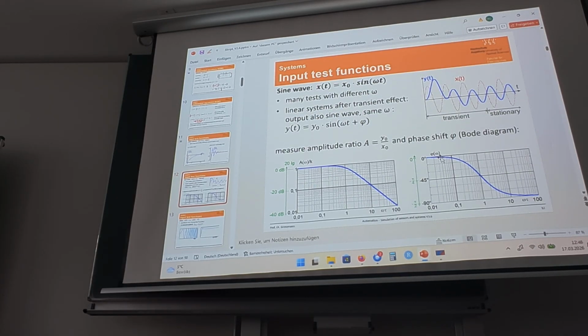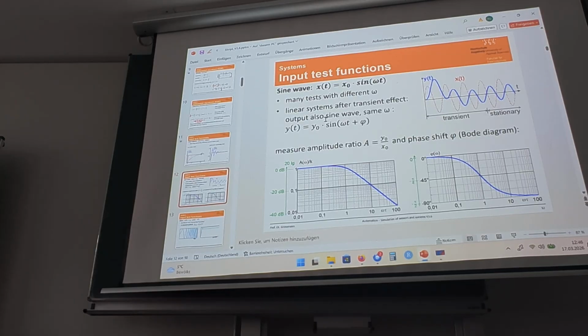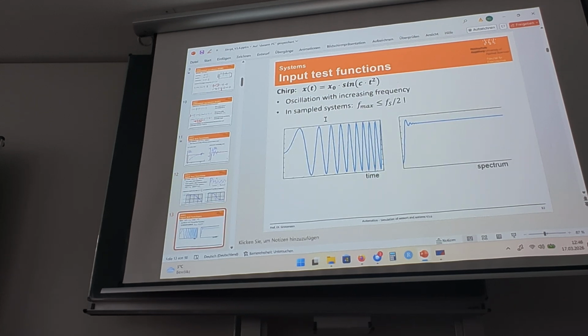By the way, it might take a long time to measure all these because, for example, in this case we have more than 200 individual measurements to build up this diagram. And always you have to switch on the oscillation, wait for the transient time, then measure, and then switch to the next measurement. It takes a long time. There is a smarter way. I just tell you that.